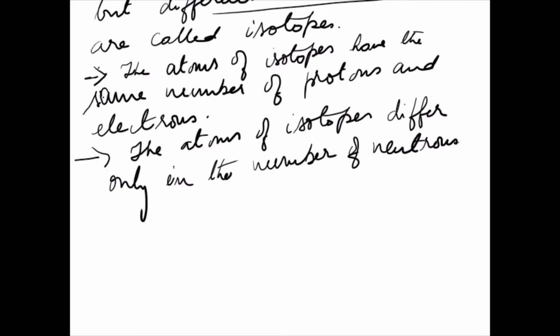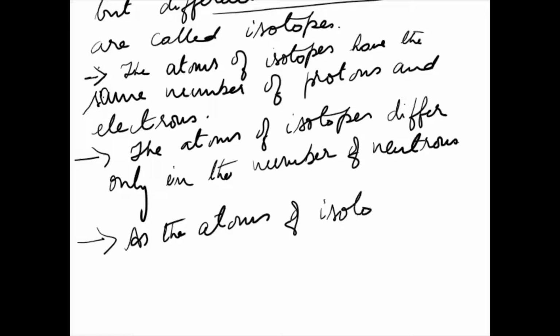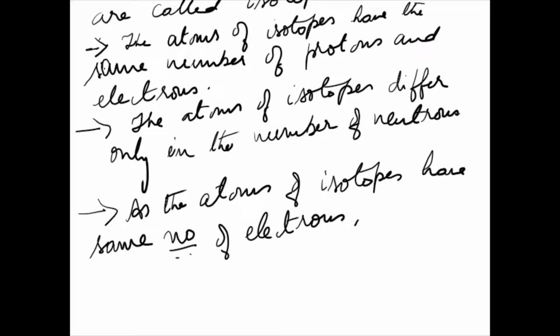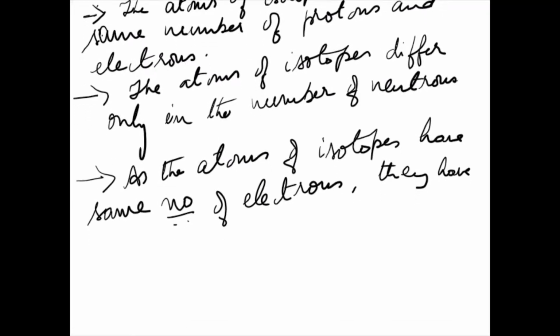Okay, so as the atoms of isotopes have the same number of electrons, they have the same chemical properties.